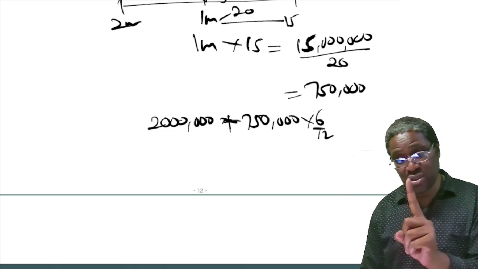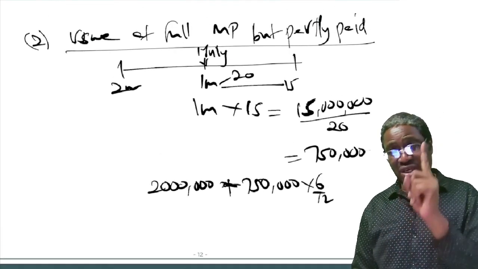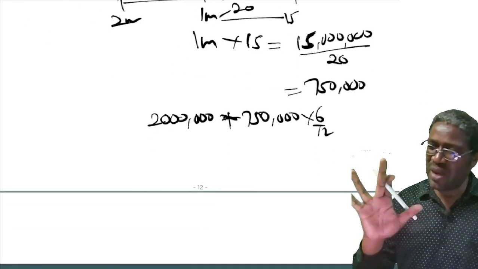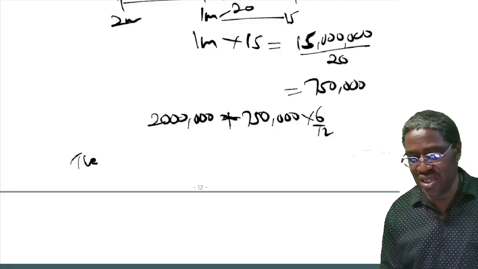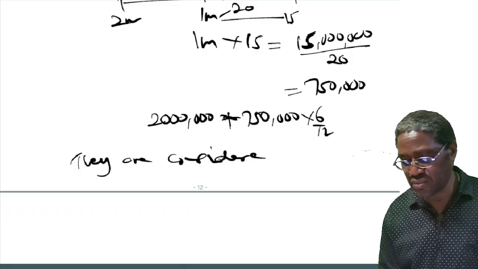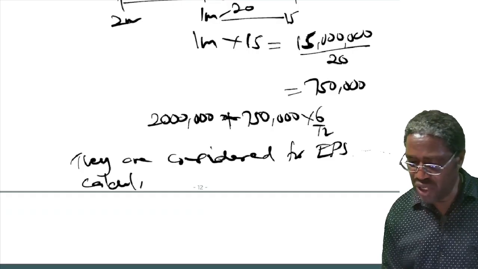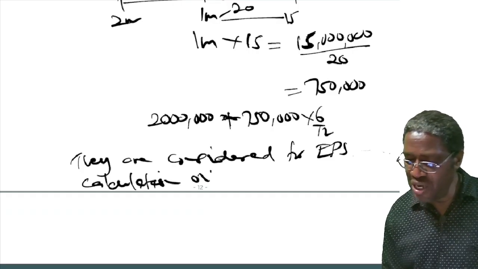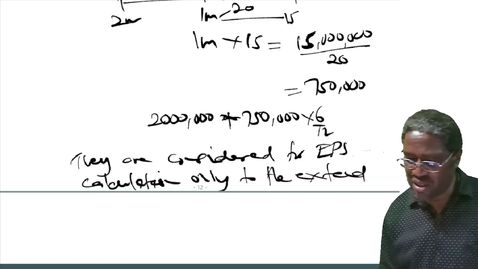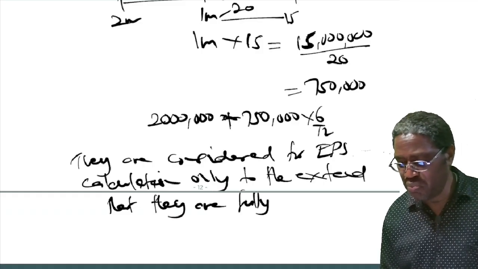But the key point, if you are putting down number 2, the key point under number 2, we can say when shares are issued at full market price and they are partly paid, they are considered for EPS calculation only to the extent that they are fully paid.